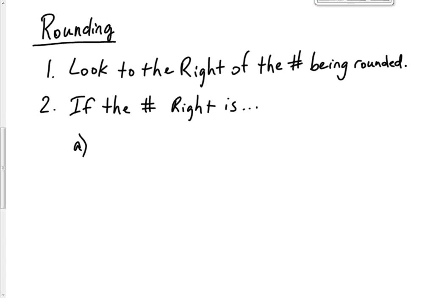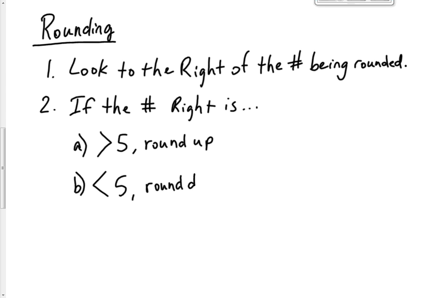Possibility number one, if it's greater than 5, you are going to round up, just like you always have. Second rule, if it is less than 5, you are going to round down. Okay, and it's not so much round down as it is just stay the same. So round down slash stay the same. I can't write stay.